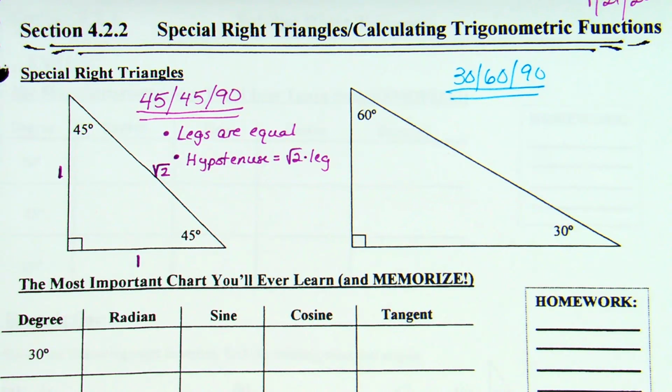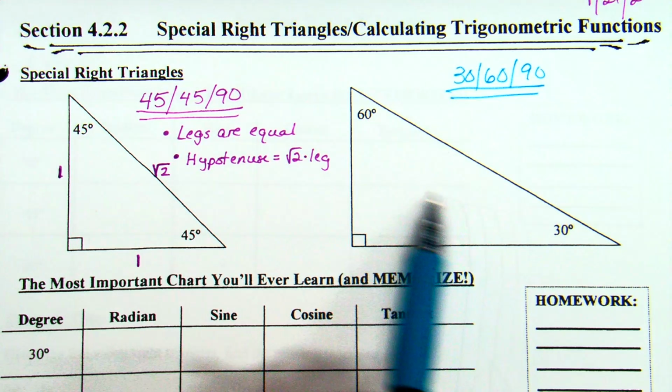When we talk about the 30, 60, 90, I'm going to call my three sides the short leg, the long leg, and the hypotenuse. So the short leg is going to be opposite which side? Yeah, the short leg is always opposite the 30, and I'm going to call that length 1.